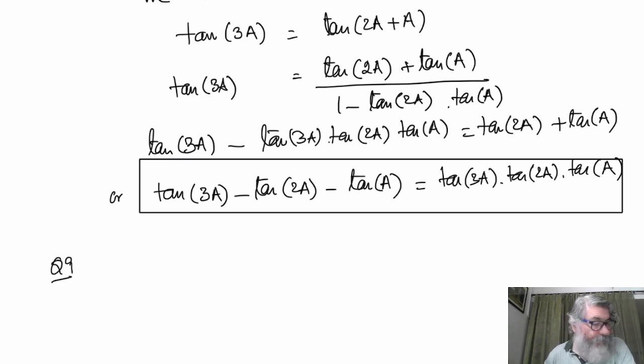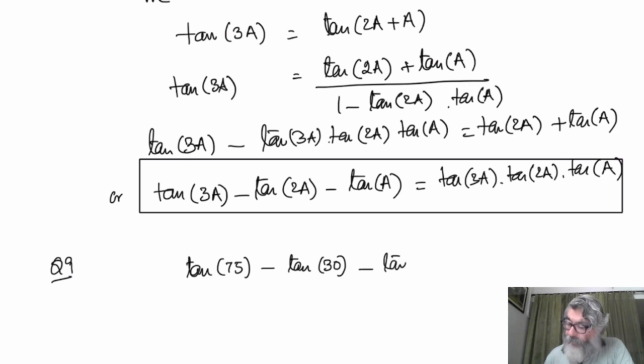It says prove tan 75 minus tan 30 minus tan 75 into tan 30 plus 1 is equal to 1.